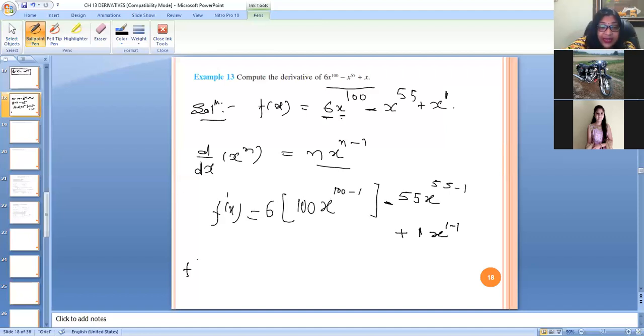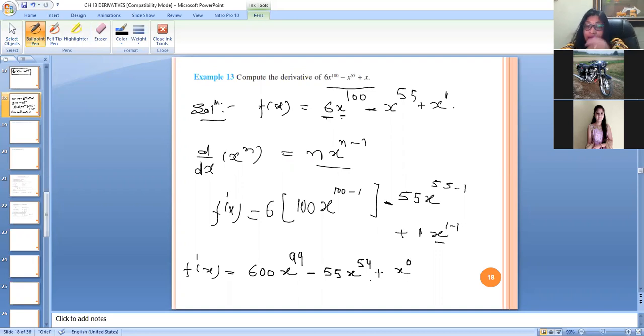So f dash x will be 6 into 100, which is 600, x raised to power 100 minus 1, 99, minus 55 x raised to power 54, plus 1 into x raised to power 0.